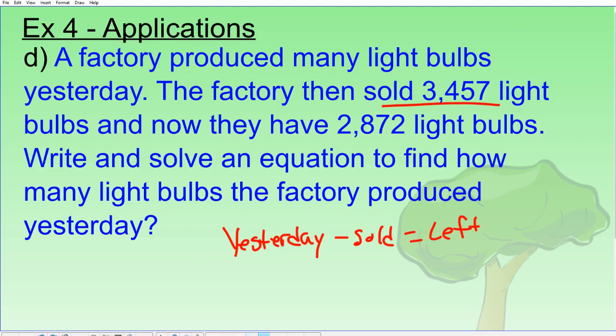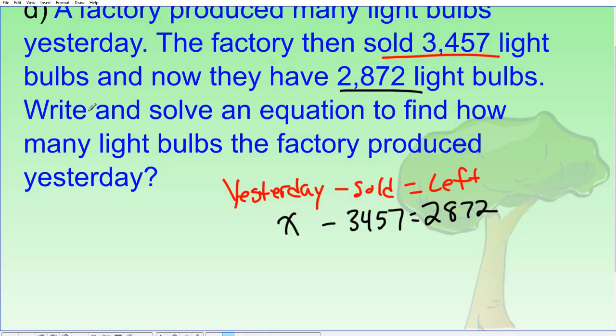Now, if I plug my numbers in here, yesterday, I don't know, variable. They sold 3,457 light bulbs. And now they have this many light bulbs left, 2,872. Write a formula? Check. Now solve the equation. My variable is being subtracted by 3,457.